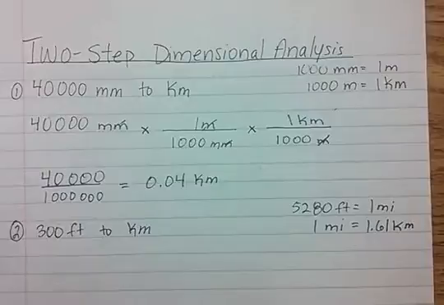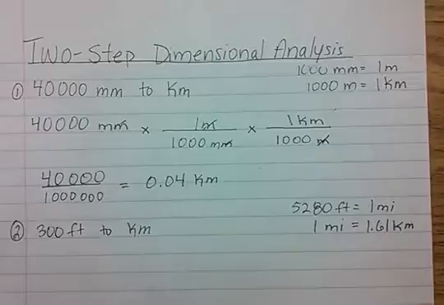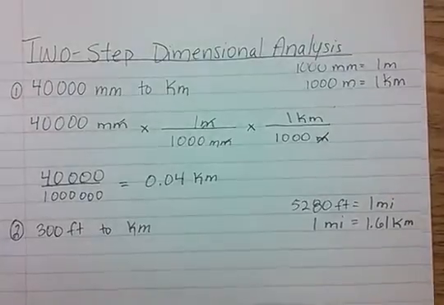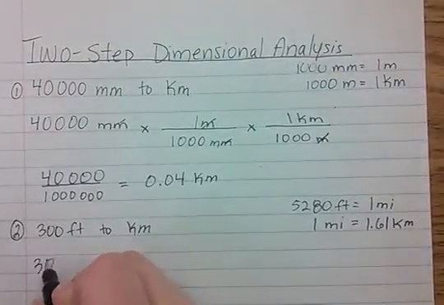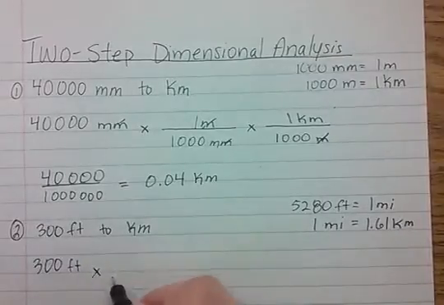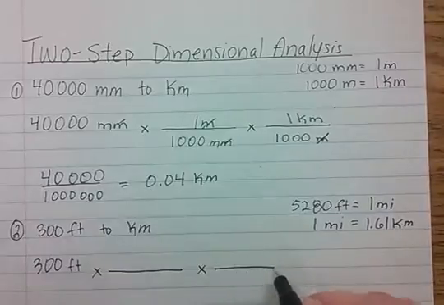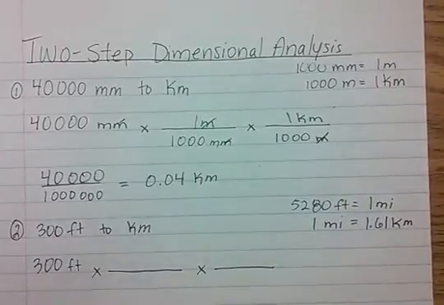Our first conversion factor is 5,280 feet equals 1 mile. Our second is 1 mile equals 1.61 kilometers. Next step, write down what we're converting on the left-hand side of our page. Next step, write as many fractions as we have conversion factors. 2 conversion factors, 2 fractions.